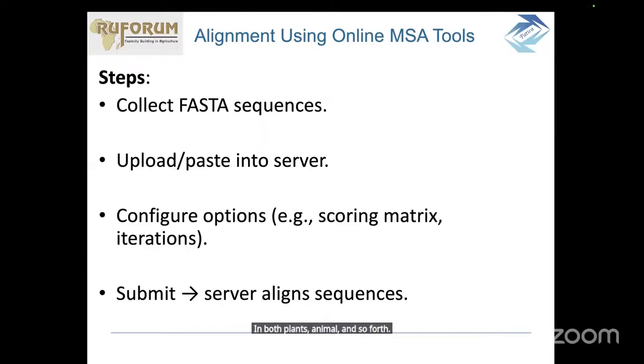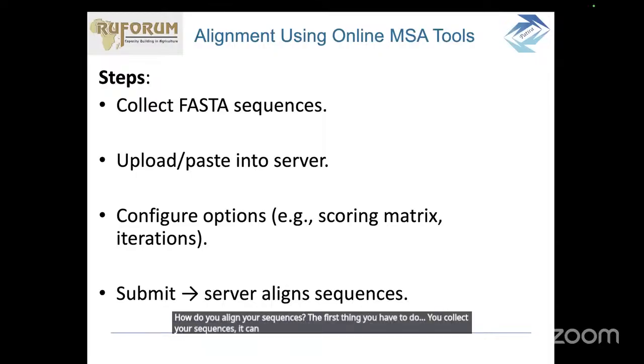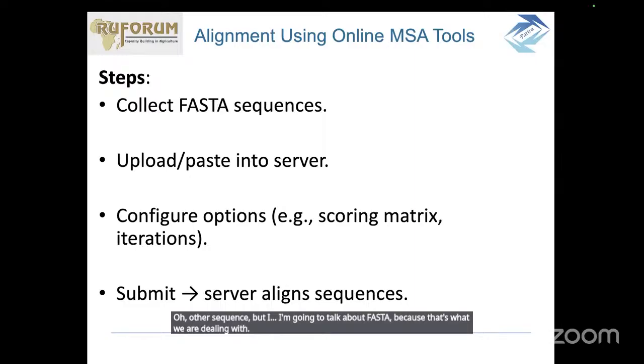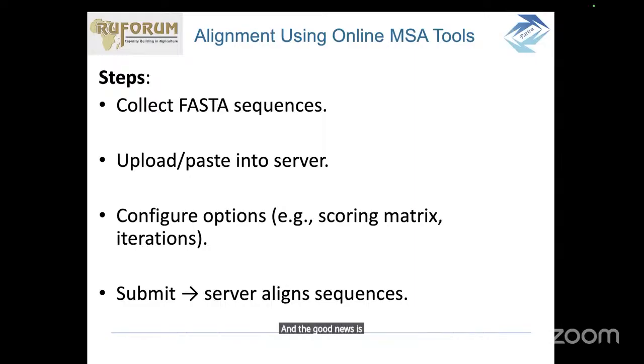Okay, how do you do that? How do you align your sequences? The first thing you have to do is collect your sequences. It can be your FASTA sequences or other formats, but I'm going to talk about FASTA because that's what we're dealing with. The good news is there are very many websites that can do multiple alignment for you.